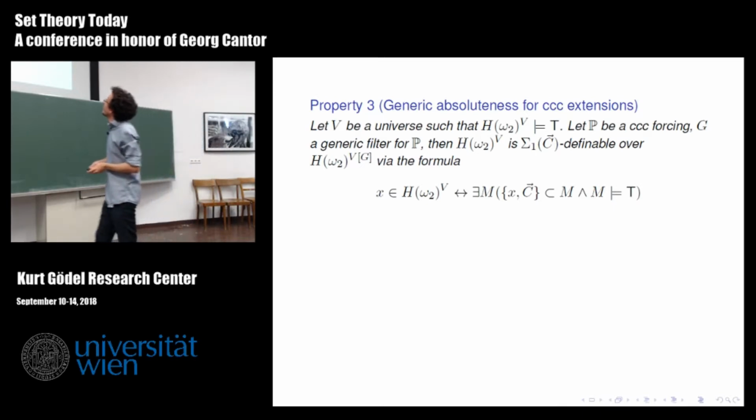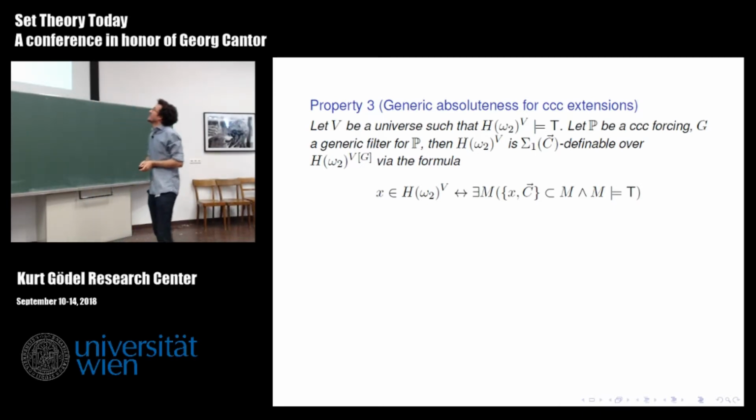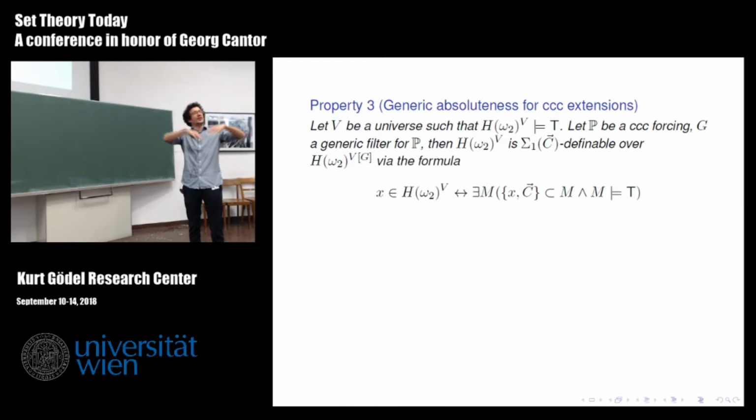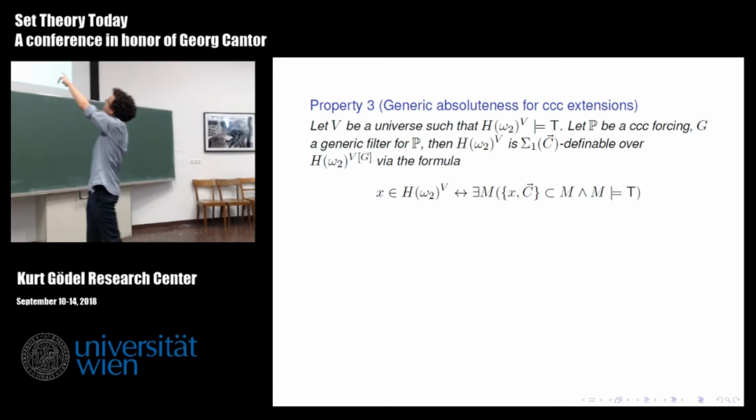Yes, and the third thing I'm going to use is the generic absoluteness for CCC extensions. So whenever we have a T model, or we are in a universe where there are plenty of T models, and we pass to a generic extension, which is just a CCC extension, we won't get any new T models. And this is super useful because now we can find basically the old H omega 2, because it will just be the largest T model in there.